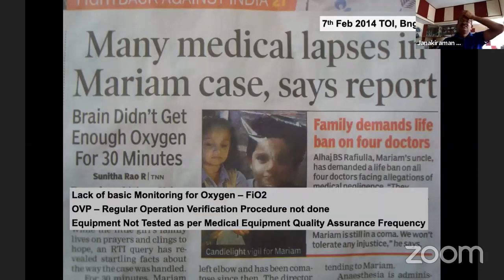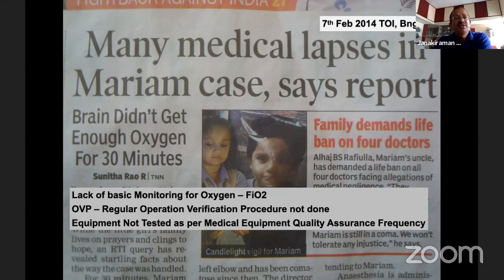Look at this. This has happened in Bangalore. This girl, a small girl, came for a shoulder surgery. The brain did not get enough oxygen for 30 minutes. And people were keeping idle without knowing the baby was not getting oxygen. The quality standard of the anesthesia gas machine was poor.